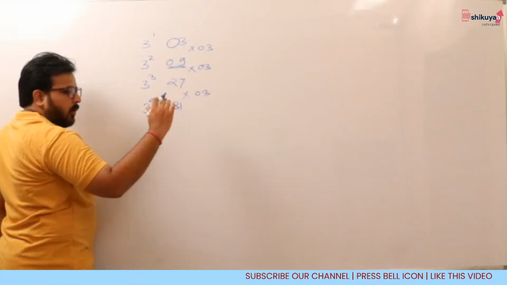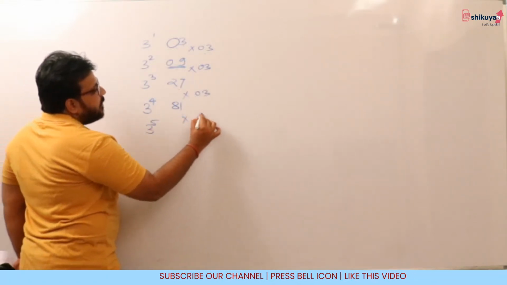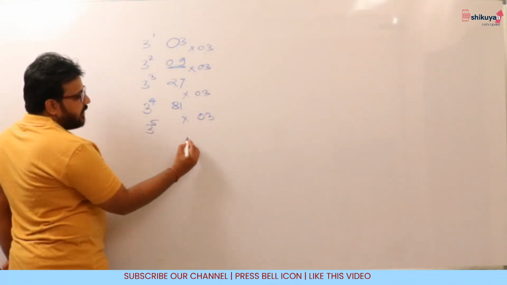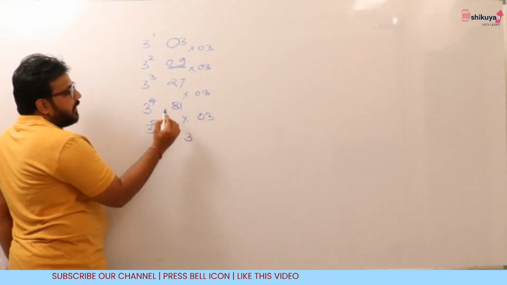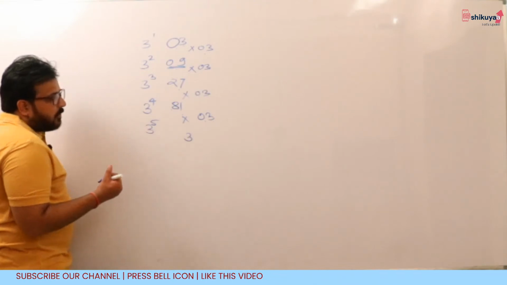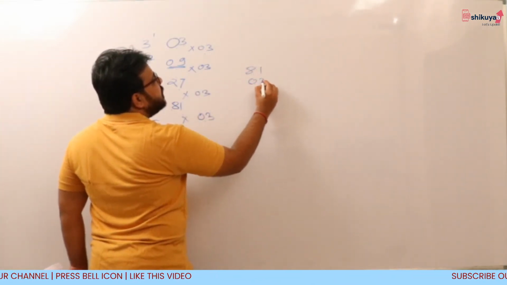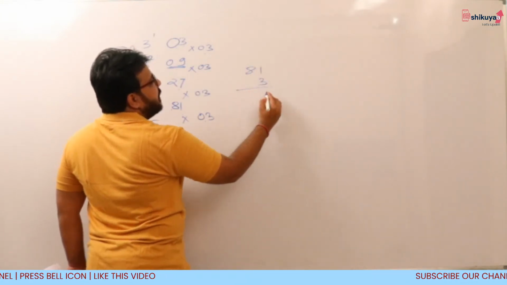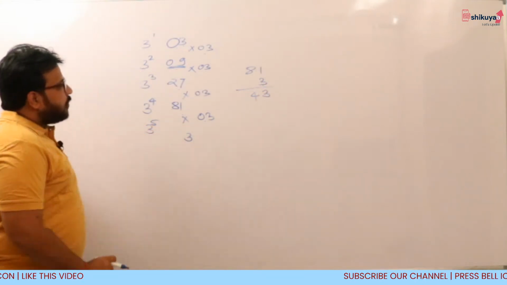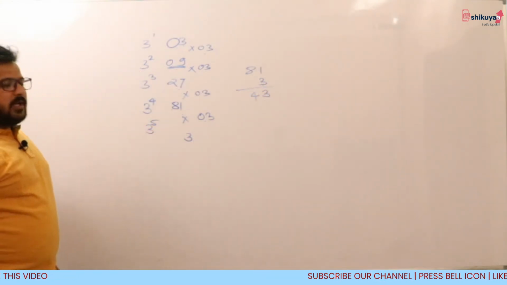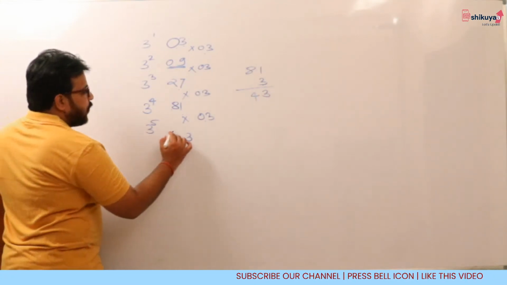Now let us continue with the same pattern. 3 raised to 5. So now multiply this. 3 1s are 3. And 8 3s are how much? You just do it separately. 81 into 03. This 0 is not required. So 3 as it is, and 8 3s are 24. So that goes to 43. You are getting my point? Everybody in the class? So it goes to 43.